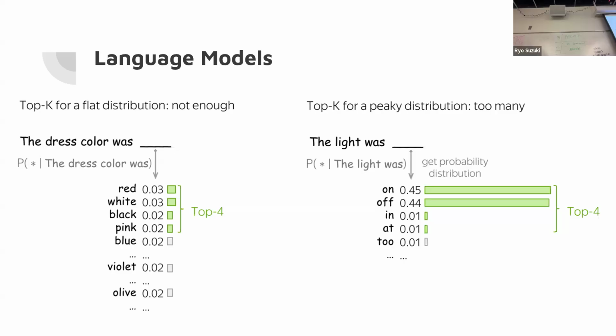If you pick the higher probability, it's going to be more likely, meaning a more natural or maybe factually correct answer. For example, for "the dress color was," most of the higher probability words are going to be colors, because it talks about color. It's not going to say cat or something.